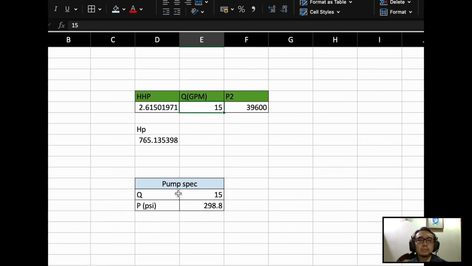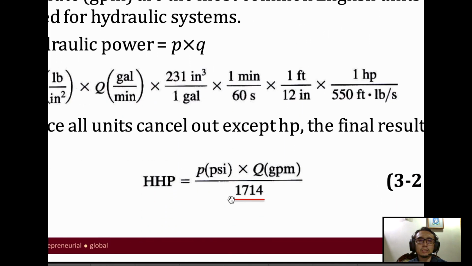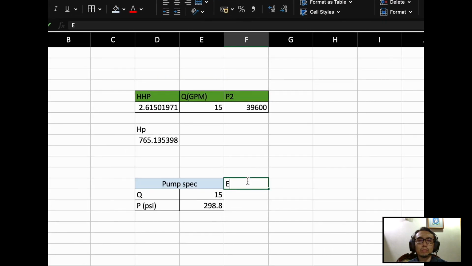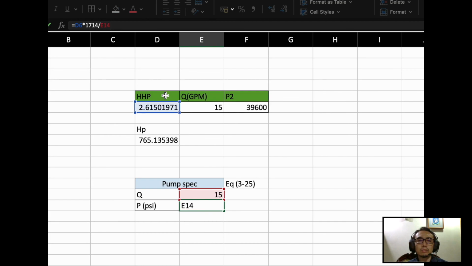So if you want to convert that hydraulic horsepower to find the pressure, we can use equation 3.25. Then you can see that those are the pump parameters. Q is equal to 15, that's in gallons per minute, and the pressure of the pump is 298, so almost 300 psi.